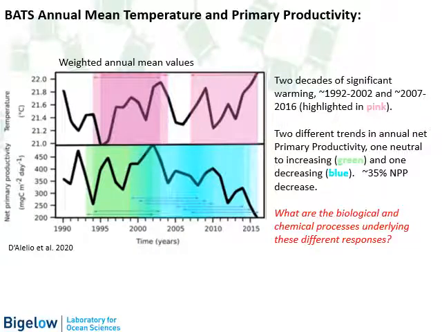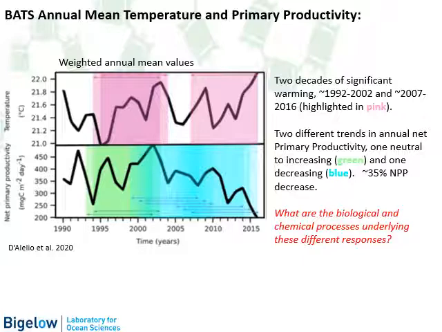So here I show the annual mean weighted temperatures in the top panel and the annual mean net primary production in the bottom panel. In each panel, you'll see a colored box. Those colored box boundaries define periods of significant trend in the data. In the 1990s, we have a significant increase in temperature, and again in the 2010s.